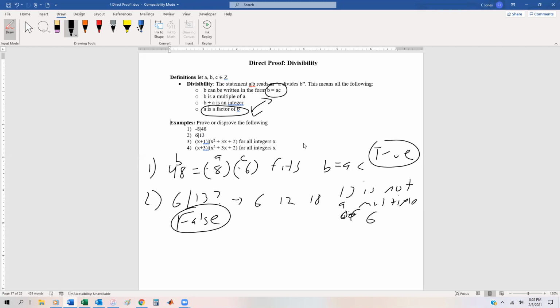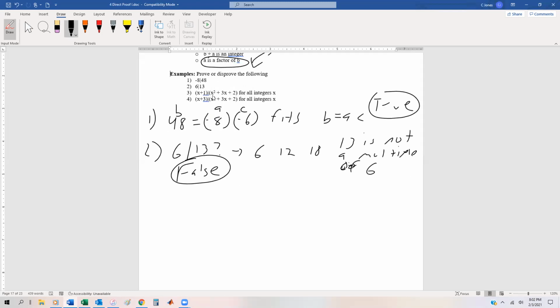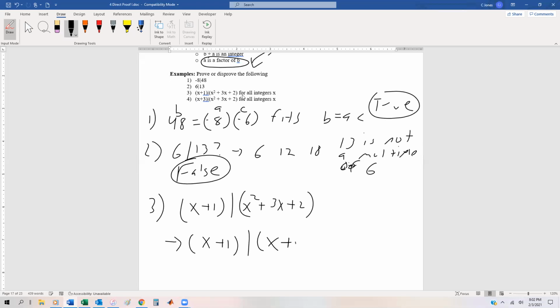All right. x plus 1 divides x squared plus 3x plus 2. We could rewrite this as the statement x plus 1 divides (x plus 1)(x plus 2) by factoring.